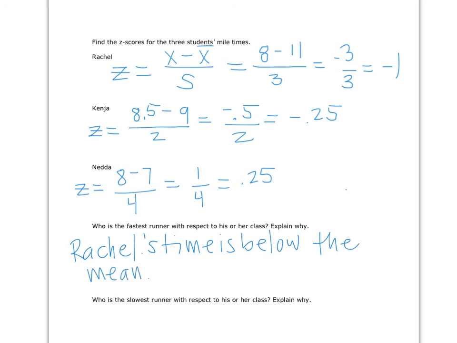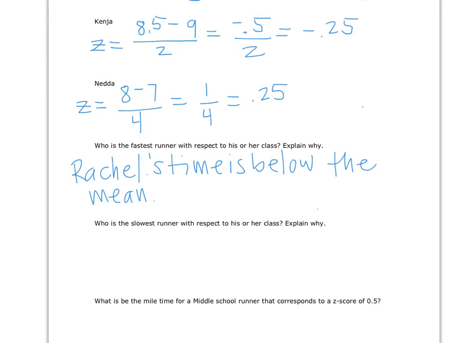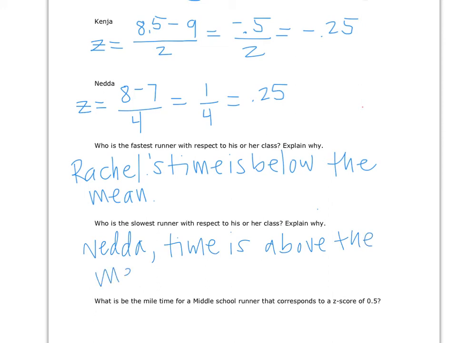And then the slowest is the only one that has a positive z-score, which is Netta. His time is above the mean. So if we find z-scores, we can compare those across different populations to compare relative to their own population.